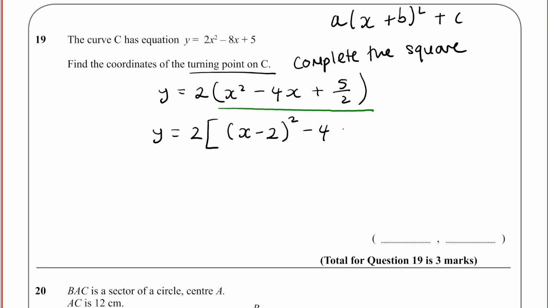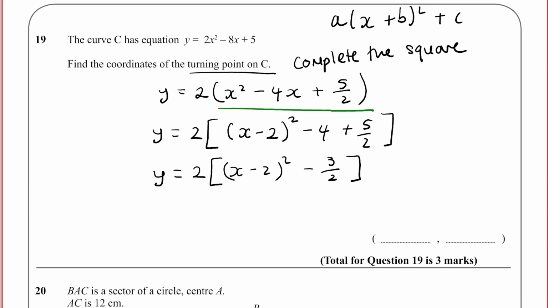So take away 4. And I've still got this 2.5 on the end. And negative 4 plus 2.5 is negative 1.5, or negative 3 over 2.